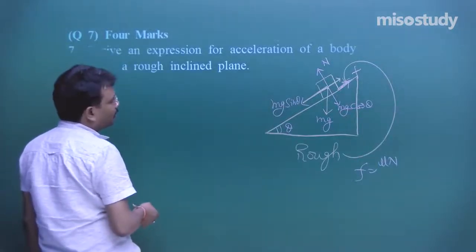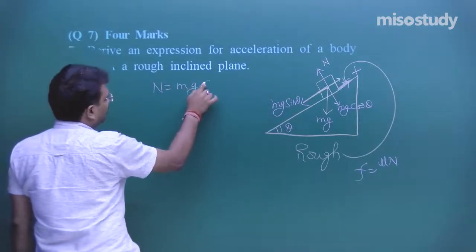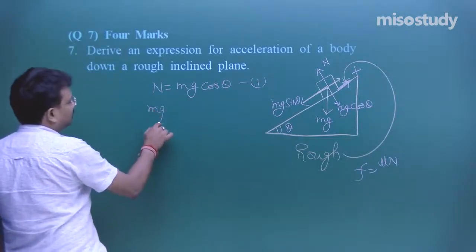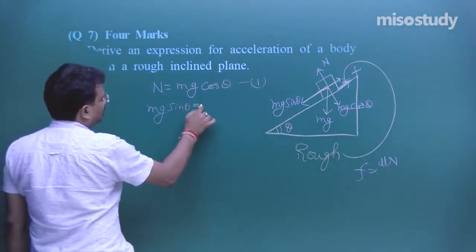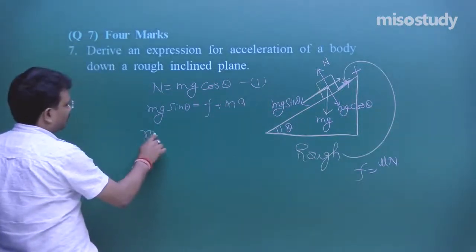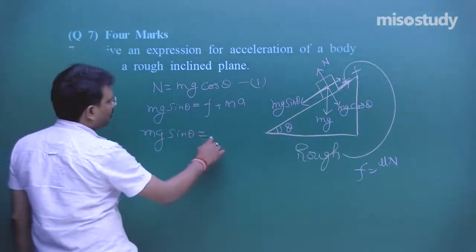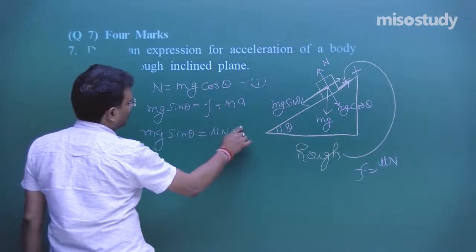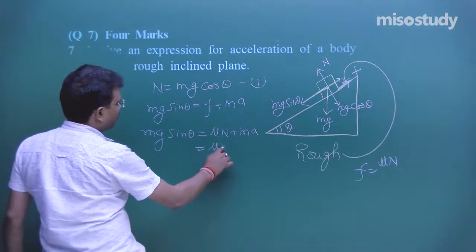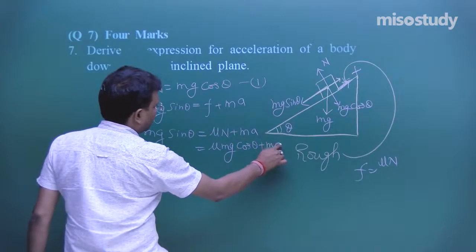N is equal to mg cos theta, equation number 1, and mg sin theta is equal to F plus ma. Or you can say mg sin theta is equal to mu N plus ma. Or you can write it as mu mg cos theta plus ma.